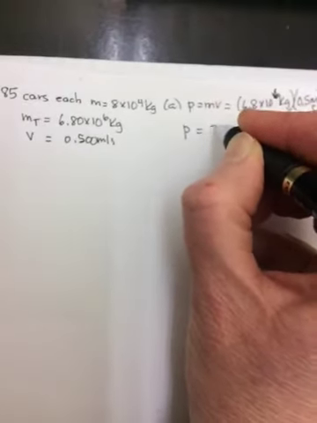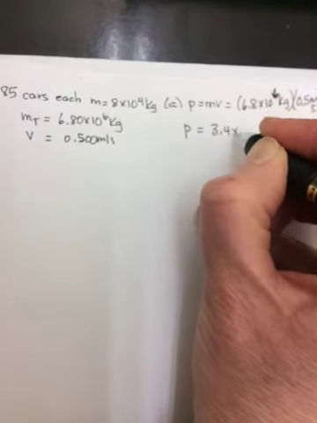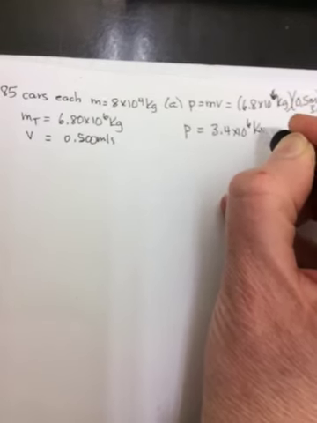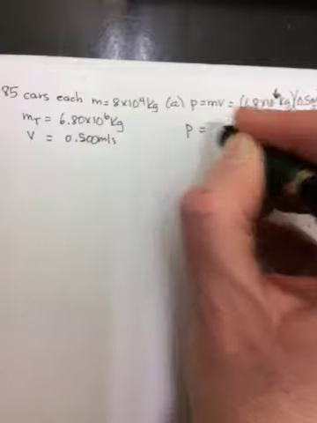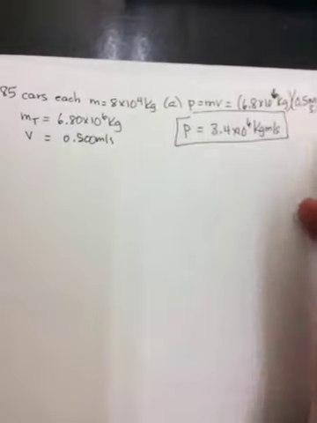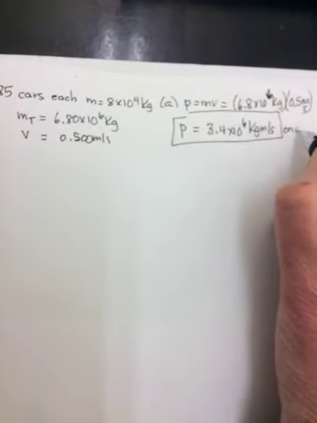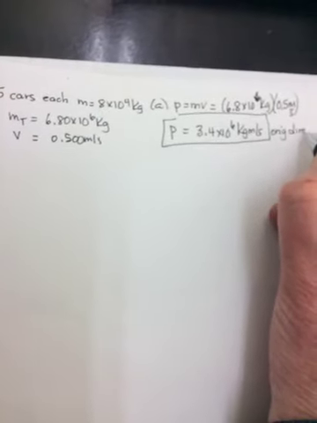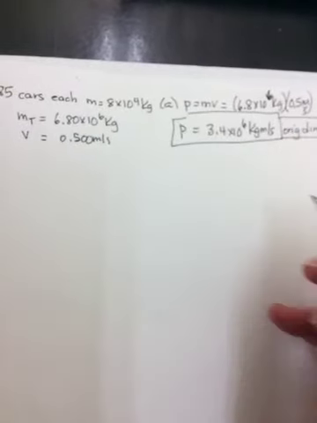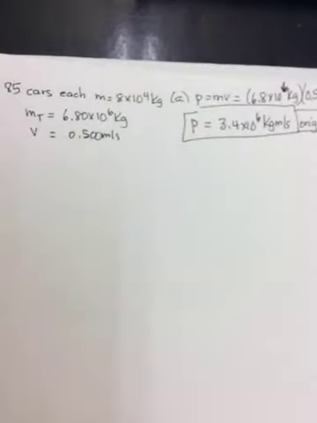And you get a momentum of 3.4 times 10 to the 6th kilogram meters per second. Okay, in whatever the direction was that the train was moving in, because the momentum and the velocity would be in the same direction.